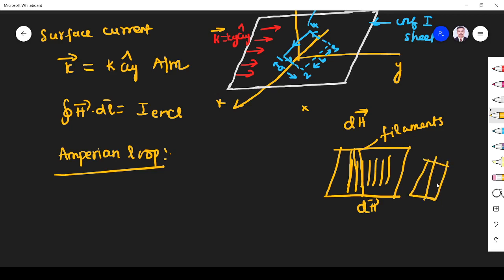This rectangle is symmetric with respect to the filament. Why? If you reduce the width of the rectangle to very, very small, it will become a point, and ultimately all the points lead to a line. So a rectangle is symmetric with respect to the filament, and I choose a rectangular loop as the Amperian loop.